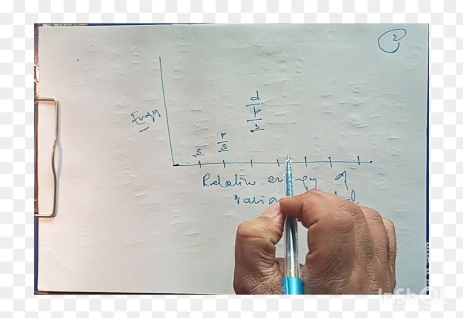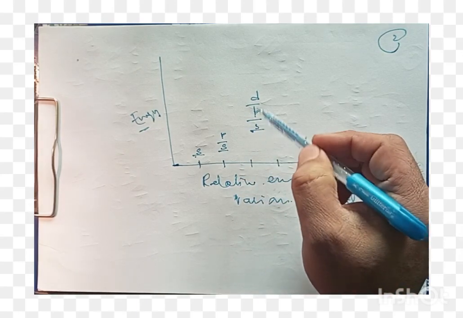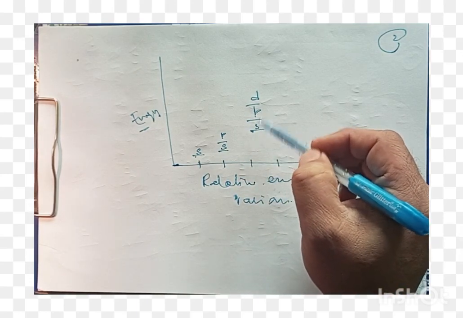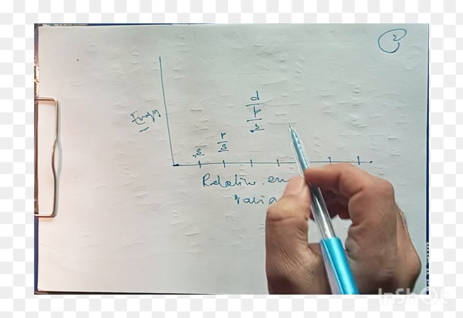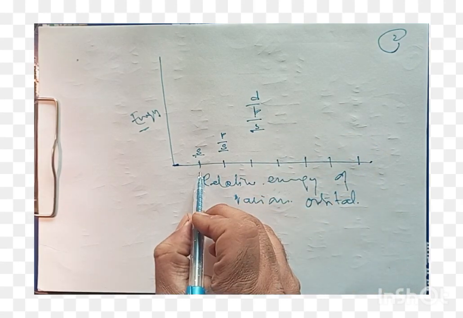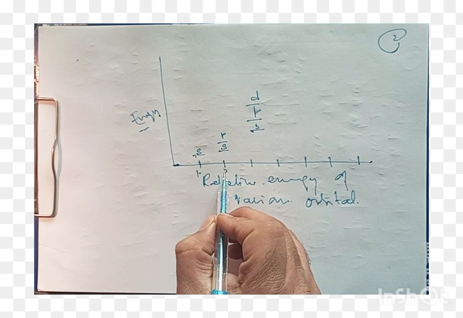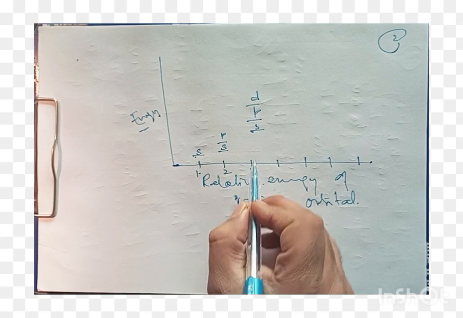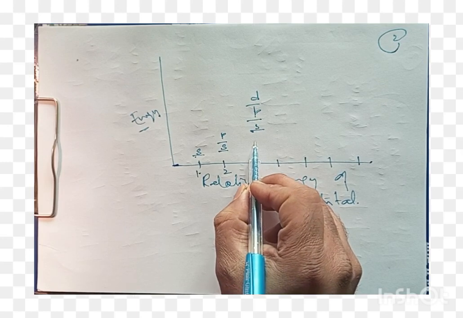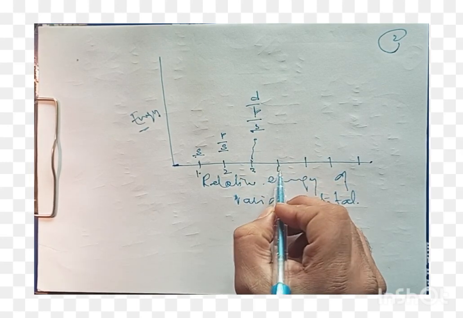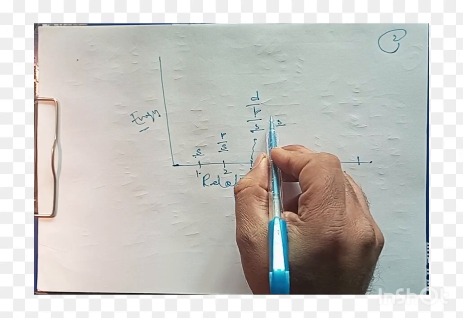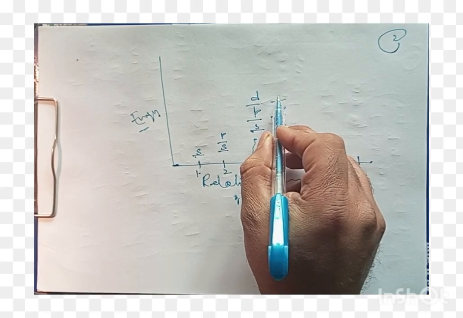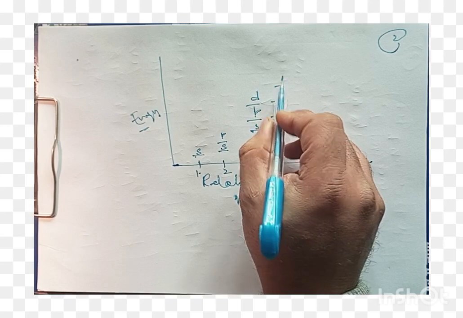Now in multi-electron atoms, we have differences in the energy of these orbitals. I will take the case for 1, for 2, for 3. Then 4, where I'll have s, p, d, and f.